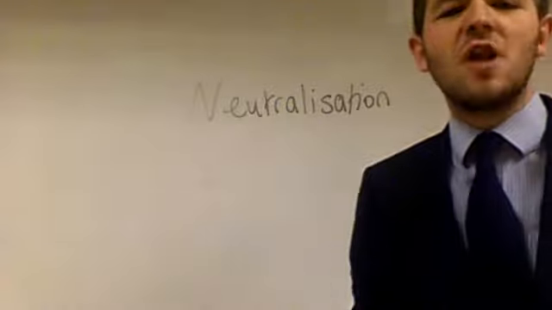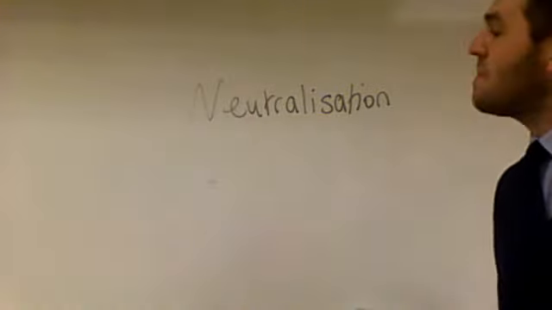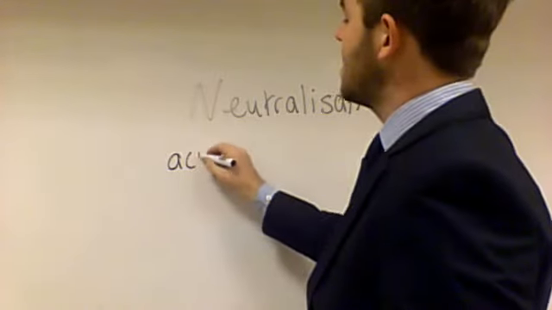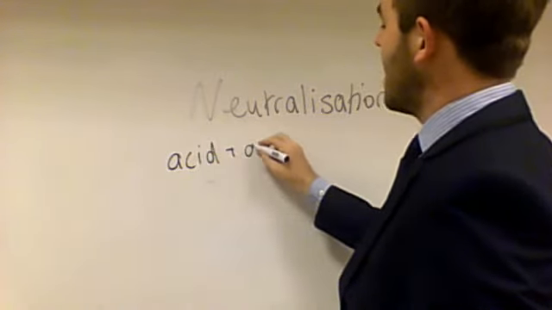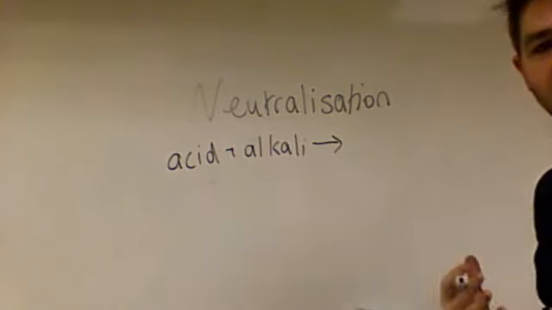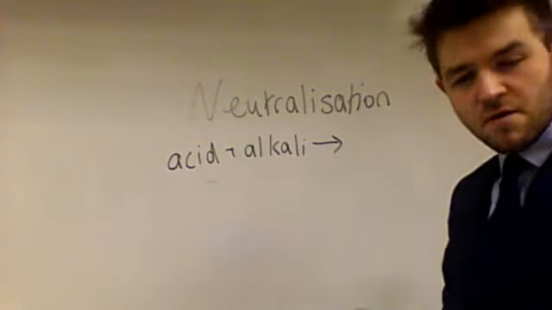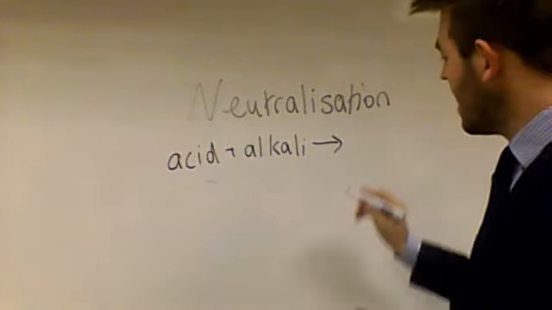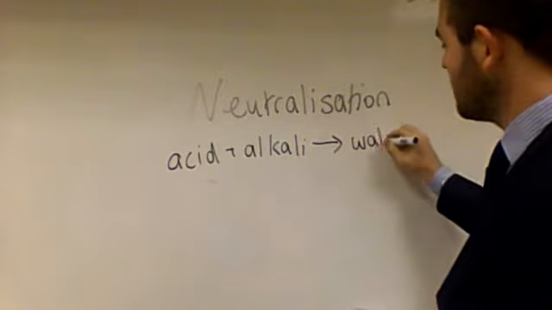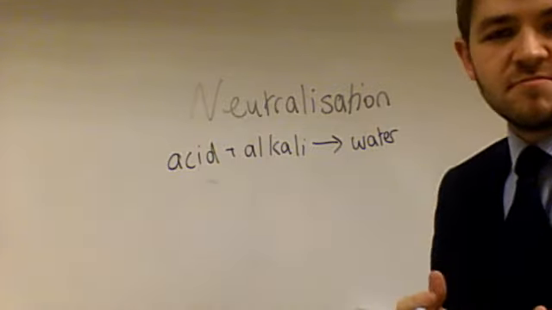And neutralization is the idea that I can make my acid and alkali combine together, and that neutral thing, that thing that is perfect in the middle, is actually water. Water is perfectly neutral.